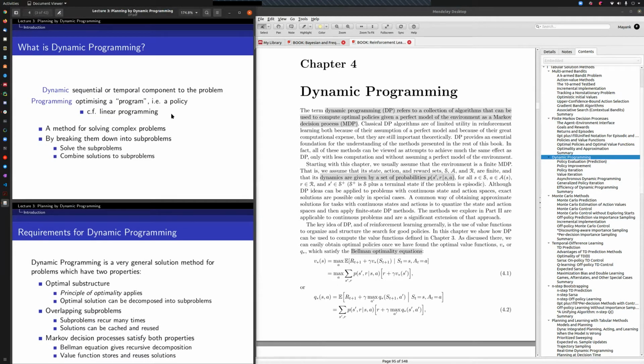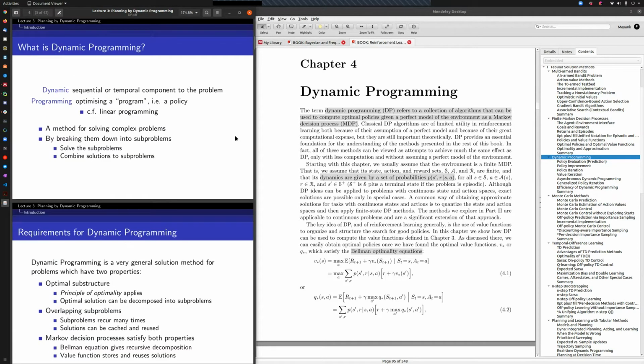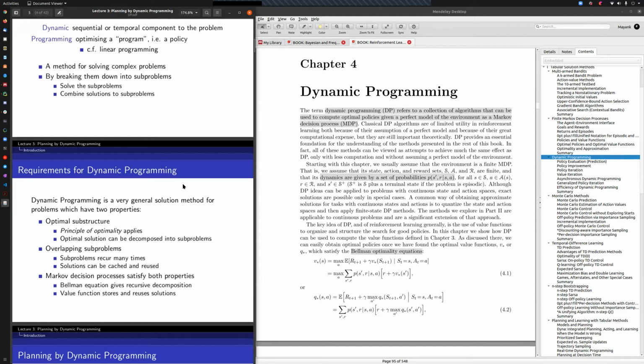I think everybody is familiar with what dynamic programming is. Okay, then what were the requirements for dynamic programming?